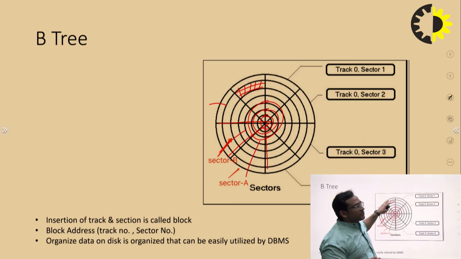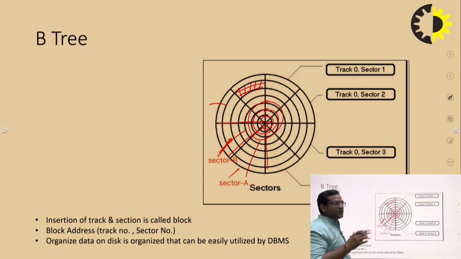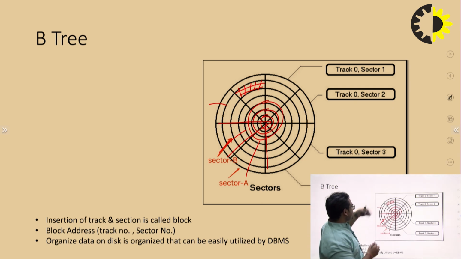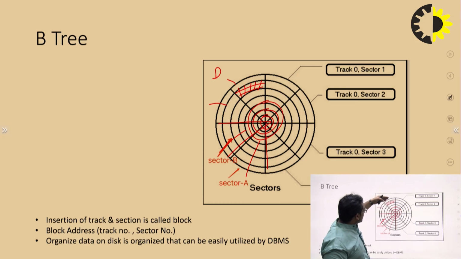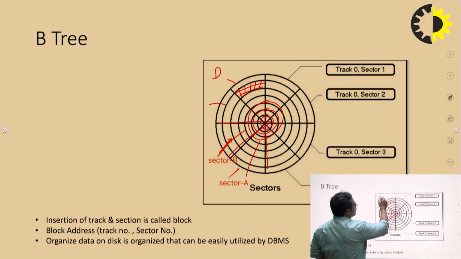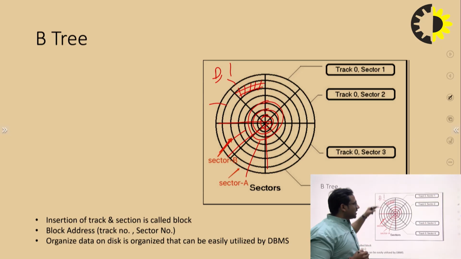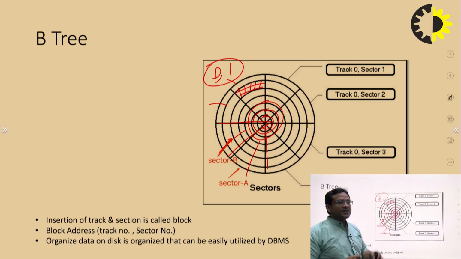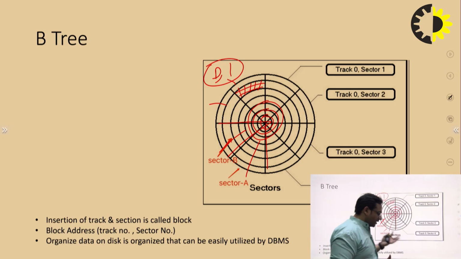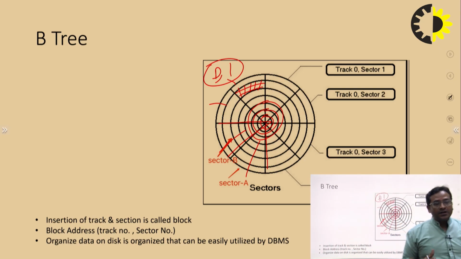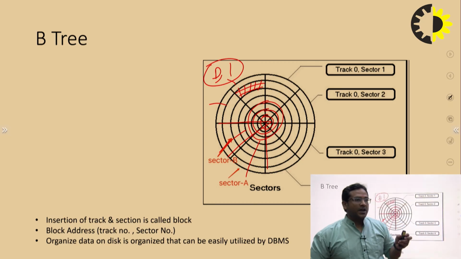And what is the address of this block? A block is basically the union of sector and track. Suppose this sector is D, and this track I can consider is track 0, track 1. So this is track 1. So sector D and track 1. The address of this block is the union of sector and track. So data is stored in a disk in block form.